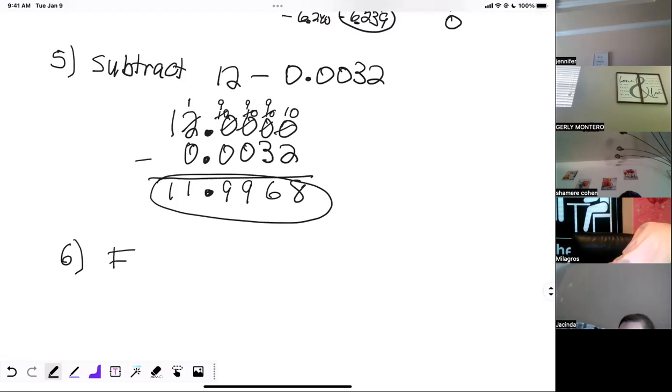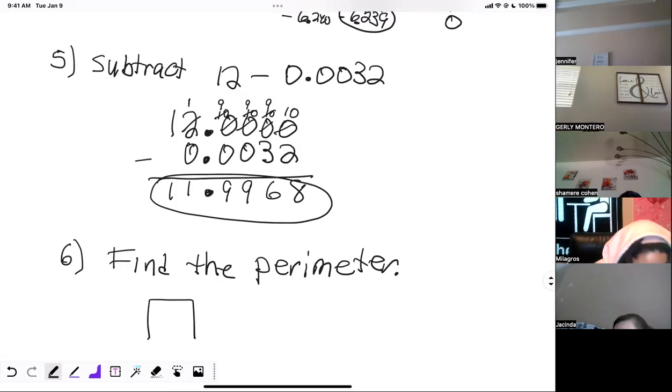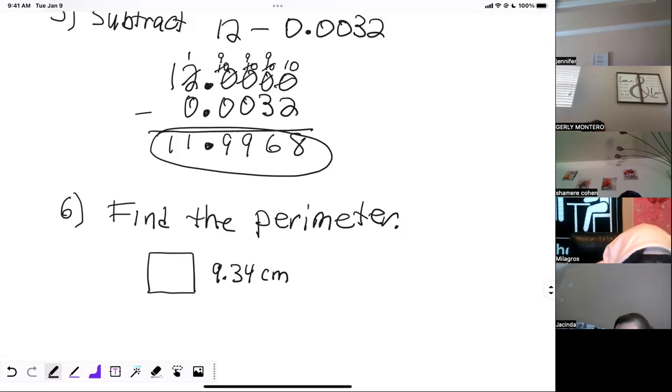Six, find the perimeter. And it is a square.